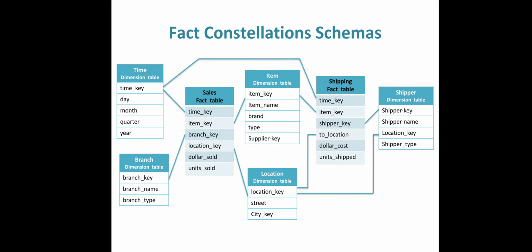These entities are perspectives with respect to which the organization keeps records or analyzes that data, and all these entities become the dimensions for your fact table, right. So, we have seen its example also, that location key as a dimension table, etc.